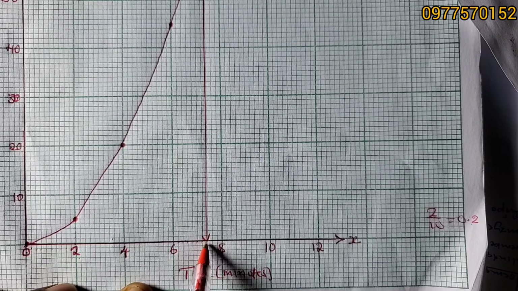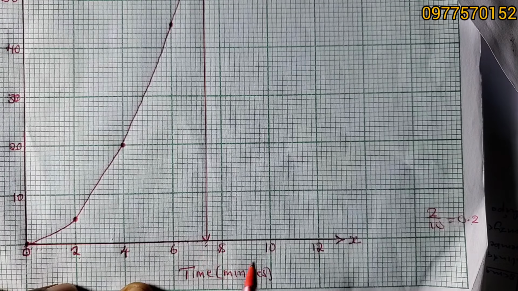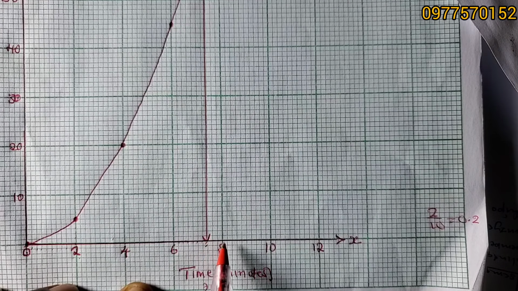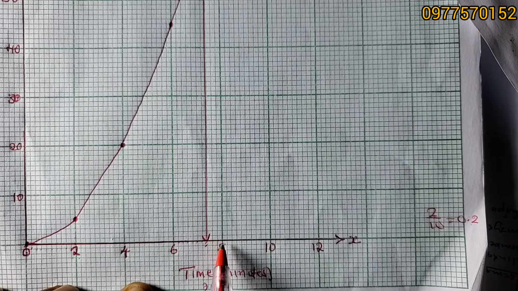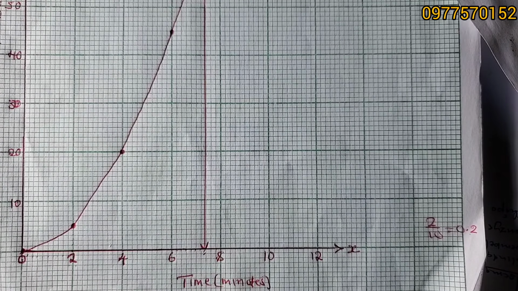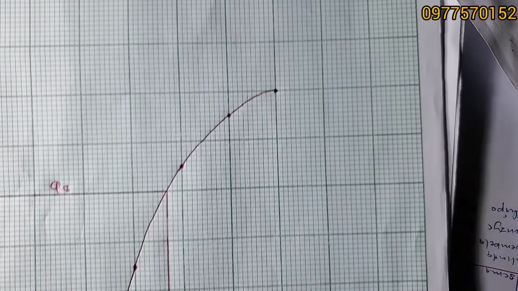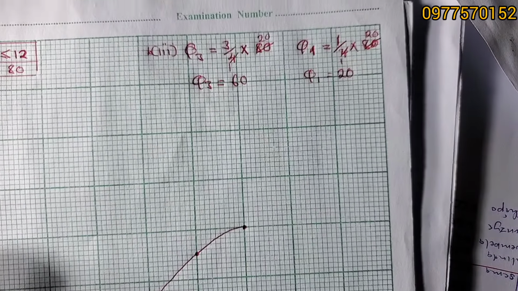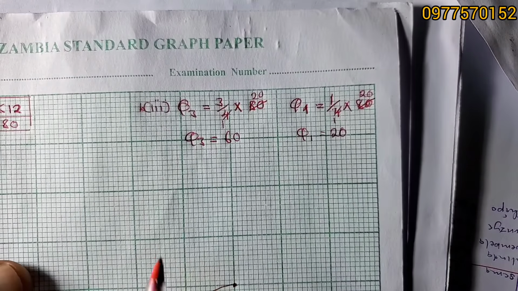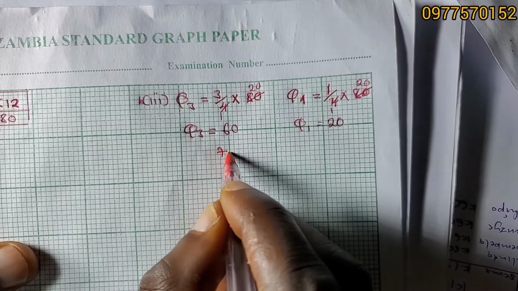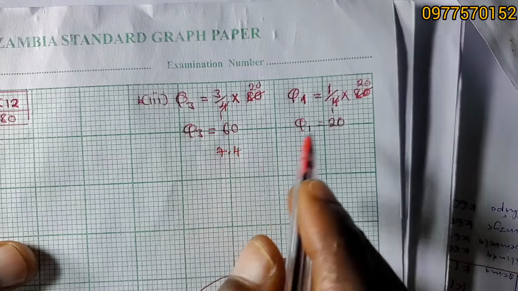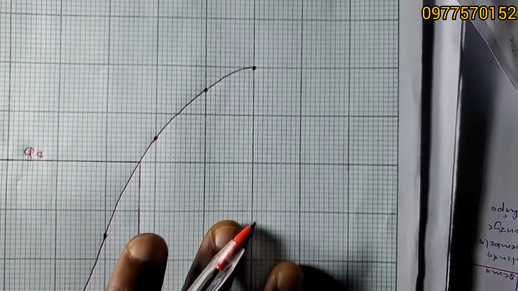Very good. So we found 7.4. To prove it, the next is 7.6, 7.8, 8. So here I'm going to write 7.4.